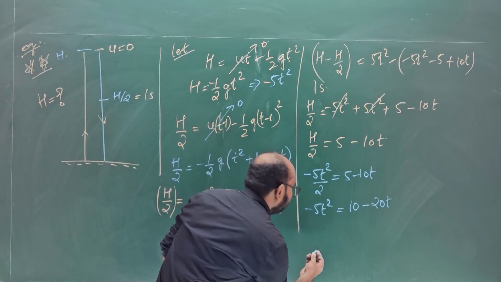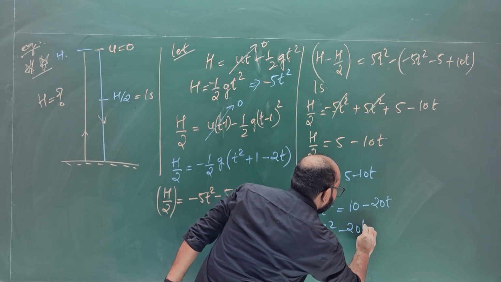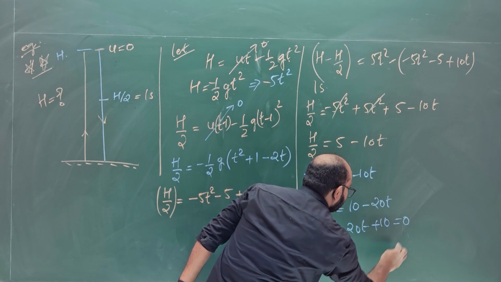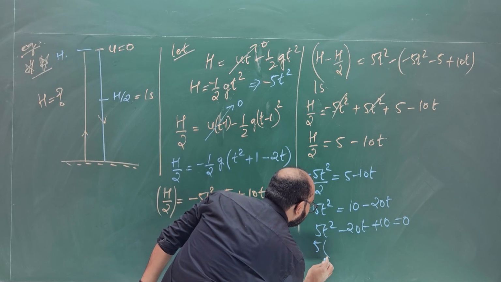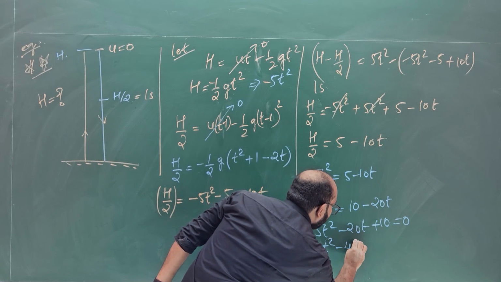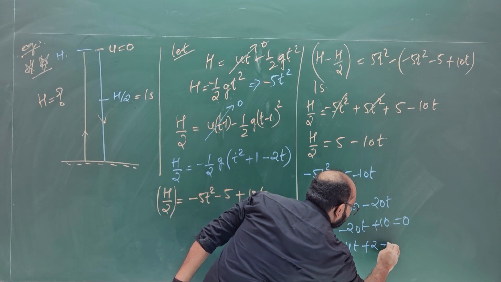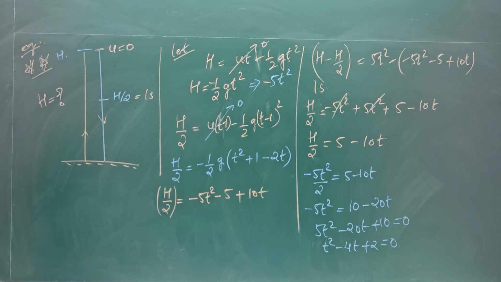Or reshuffling that, this becomes 5t square minus of 20t plus of 10, which is equals to 0, taking 5 as common. So 5 to gaya bahar, so t square minus of 4t plus of 2, which is equals to what? 0. Solve that quadratic equation, you will get the time value, then substitute the time value in h.